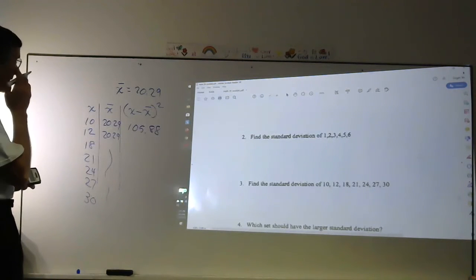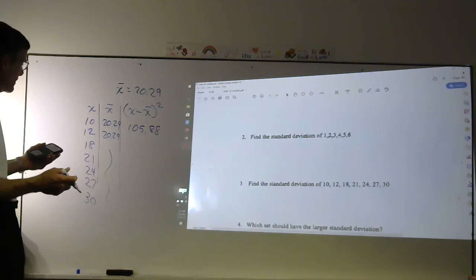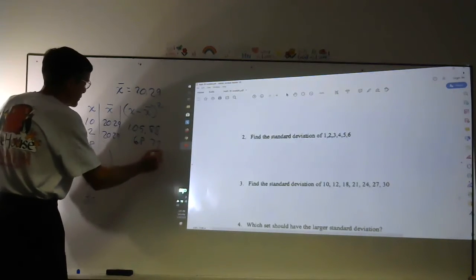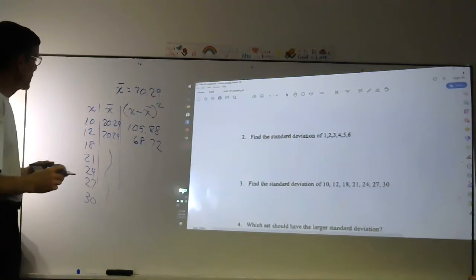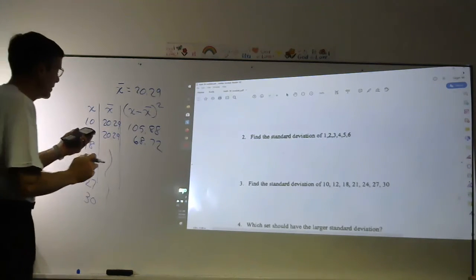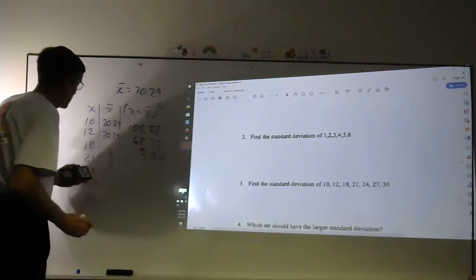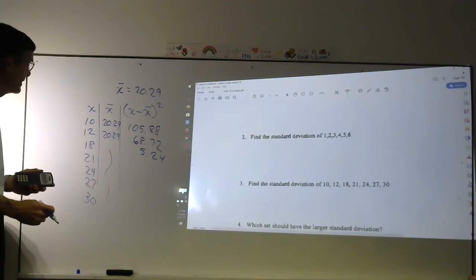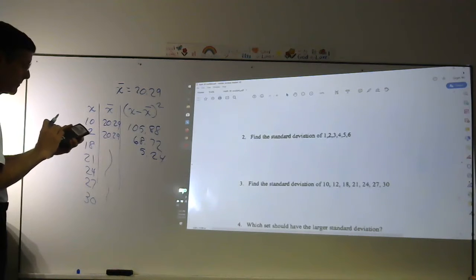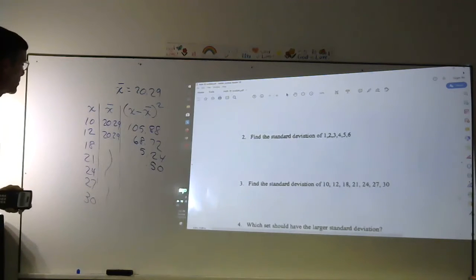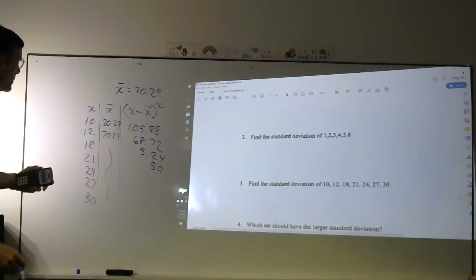20.29 minus 12 is 8.29, I think. So 8.29 squared is 68.72. 20.29 minus 18 is 2.29, squared is 5.24. 21 minus 20.29 is 0.71, squared is 0.50. 24 minus 20.29 is 3.71, I think.